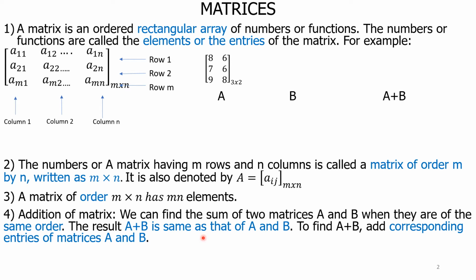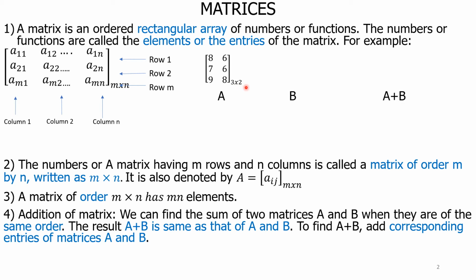Let us see the example above. Here, the first is matrix A. For example, within square brackets, the first row is 8 and 6, the second row is 7 and 6, the third row is 9 and 8. So there are 3 rows and 2 columns, and the order of the matrix is 3 by 2.